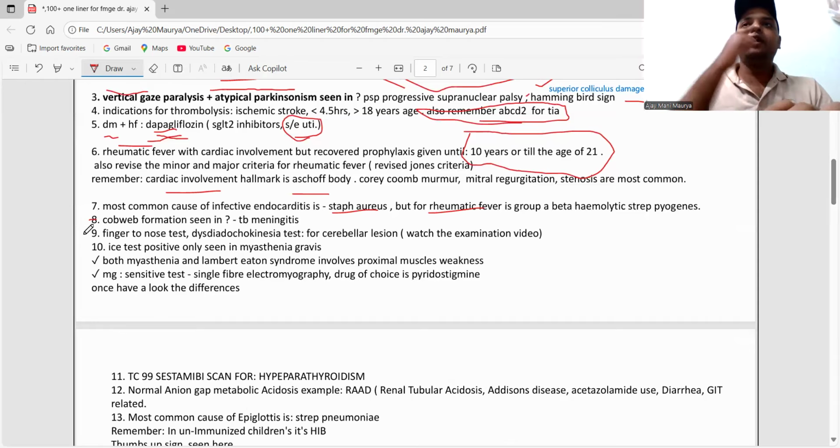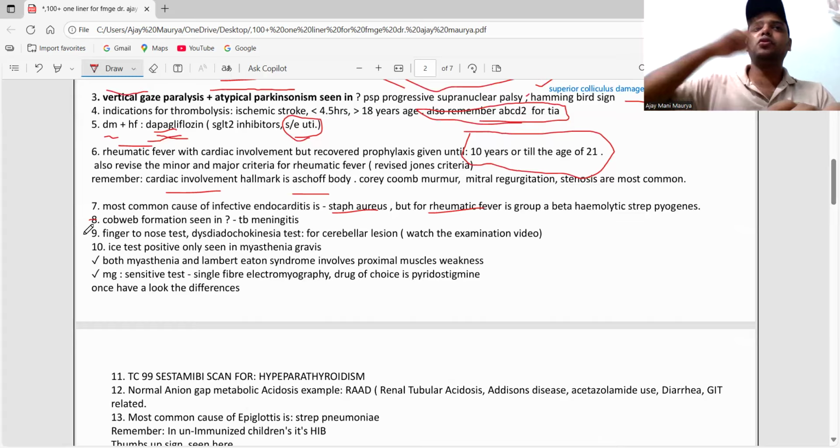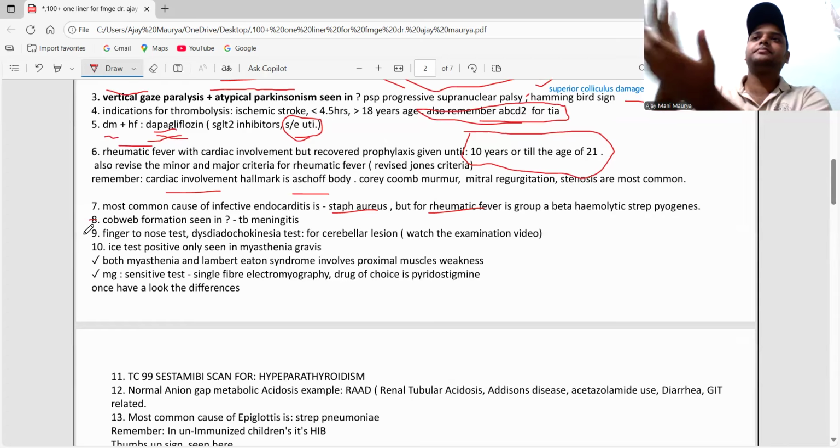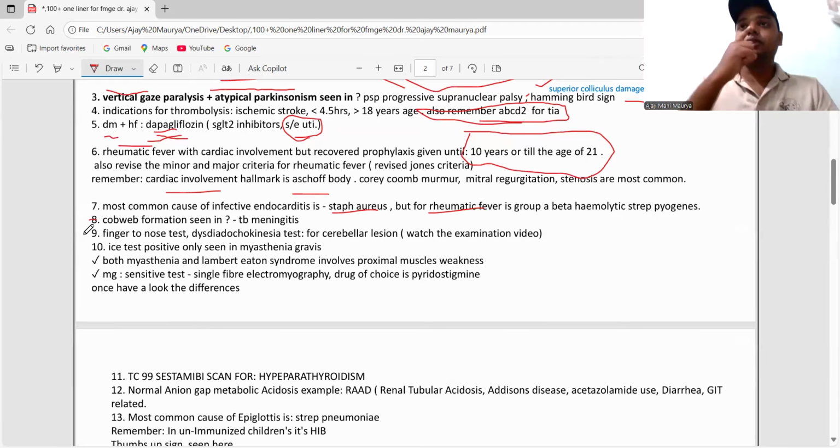Next one is the finger to nose test. And what is this one? This is dysdiadochokinesia, this is the test. They will show an image like this one, the same exact image, and they will ask what is the test name.